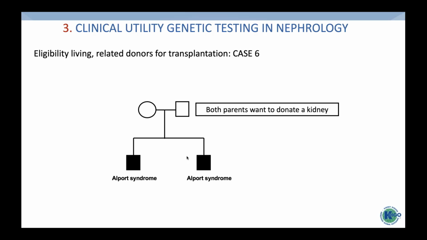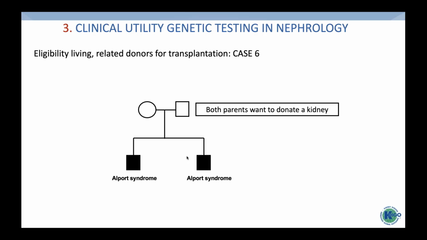And this is an actual case of ours, where we had two brothers with Alport syndrome, and they, of course, were looking for a donation of a kidney, and both parents felt that they should each give one kidney to each of their children.